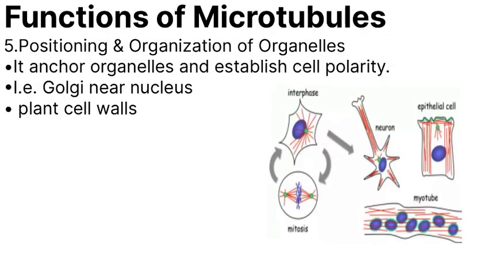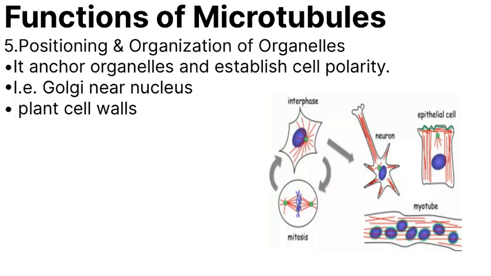And at the end, microtubules are also involved in the positioning and the organization of the organelles within the cell. They can position and organize the organelles by providing them structural support. Basically, microtubules decide the position of the organelles and the cell polarity, so that the cell can decide its position and orient itself within the tissue on its own.